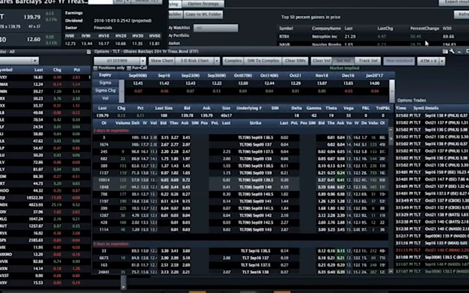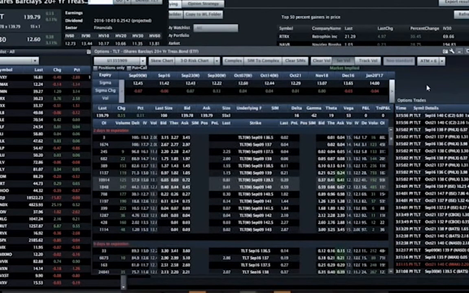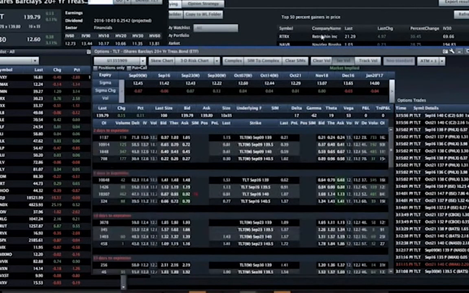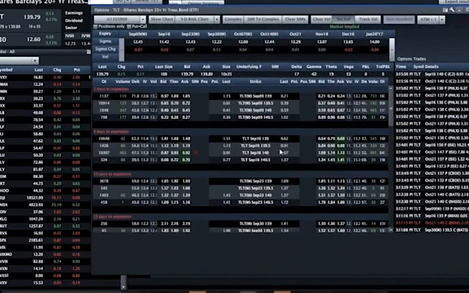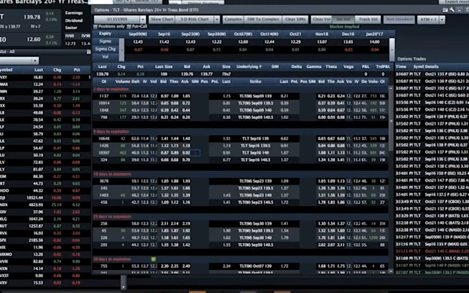I'm going to convert this to just at the money, +1. So one thing I will do instead of a standard calendar is a straddle swap, which is the same thing as a calendar.